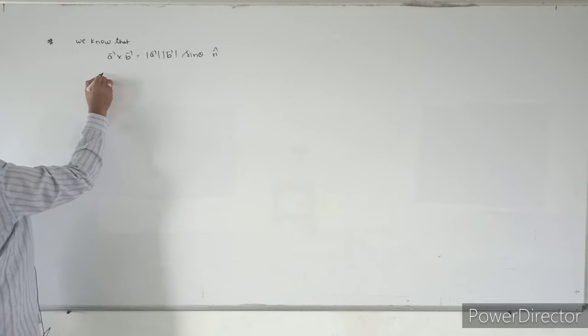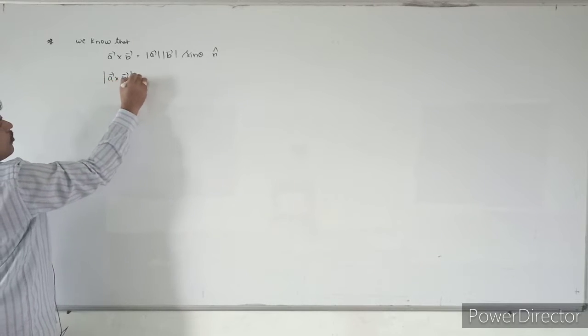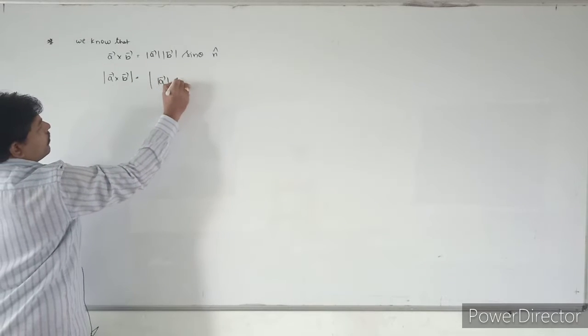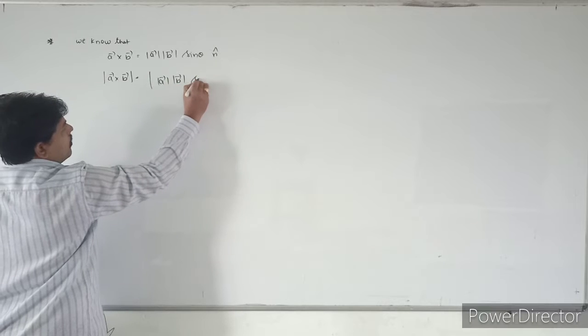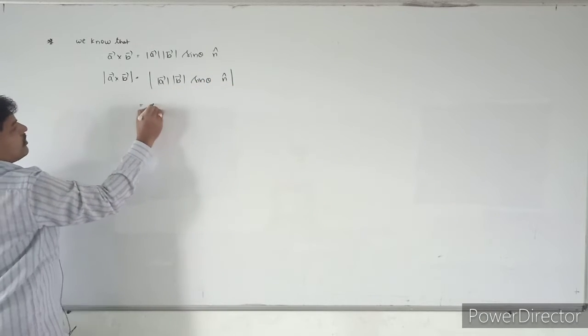So if we apply the mod here, mod A bar cross B bar is equal to mod A bar mod B bar sin theta into n cap. So what happens?